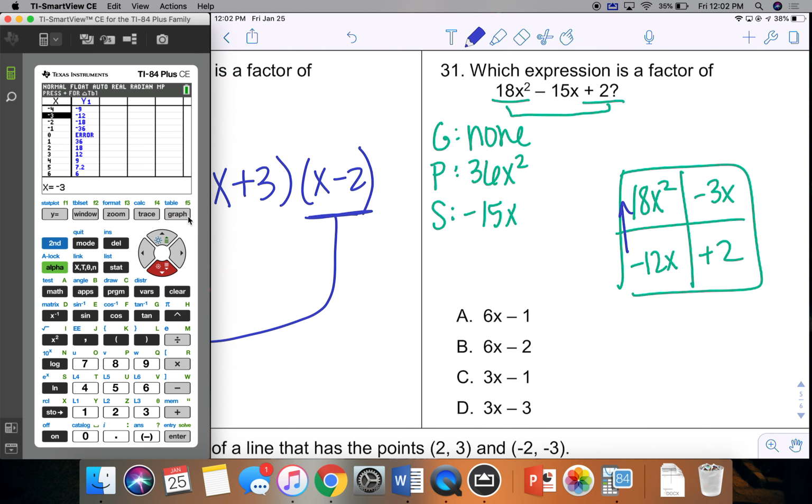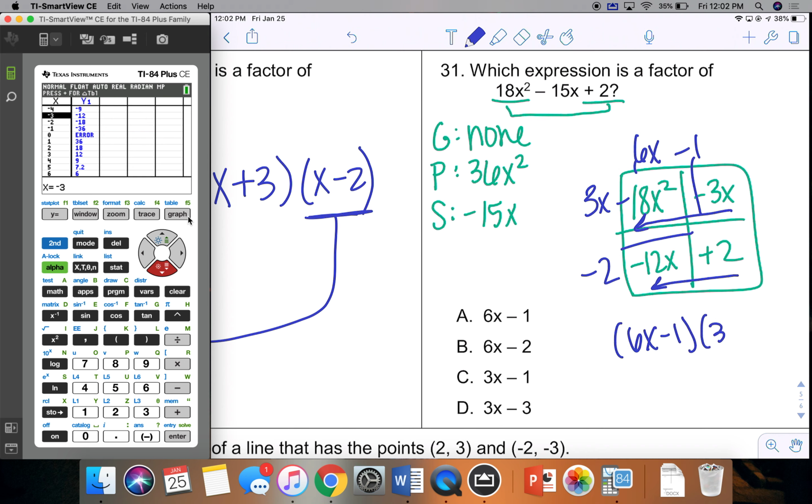Take out my GCF, so these share a 6 and an x. These share a negative 1. And then going horizontally, these share a 3 and an x. These share a negative 2. Do my quick check to make sure, and those multiply, so 6x minus 1 and 3x minus 2. 6x minus 1 matches answer choice A.